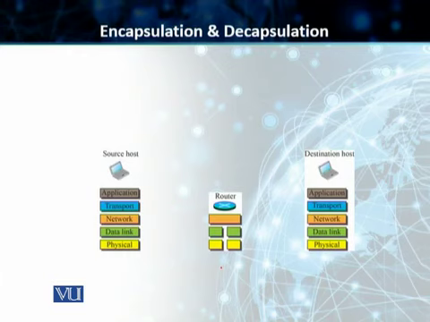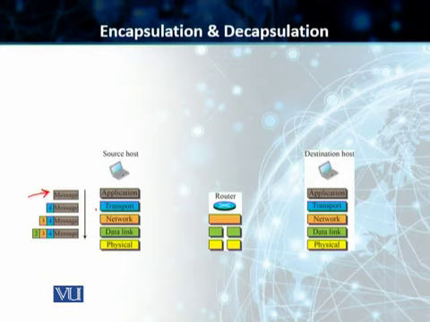Students, source host, 5 layers. The application layer of the source host generates a message. The message goes to the transport layer, and the transport layer encapsulates the message by adding a transport layer specific header, represented by number 4 here.